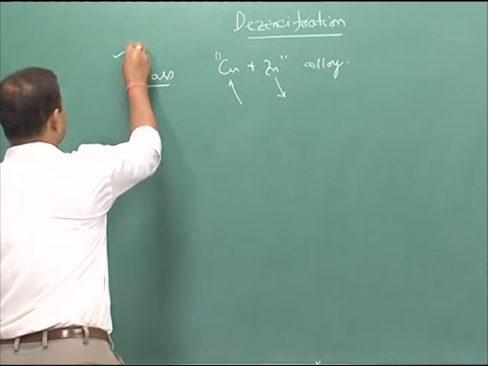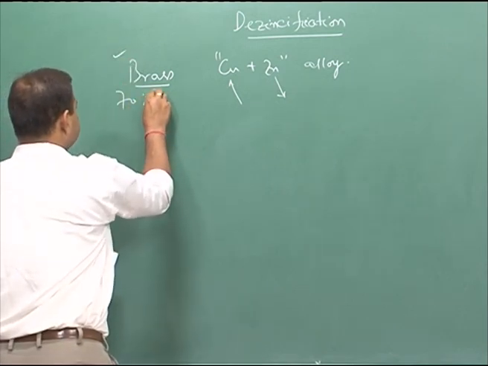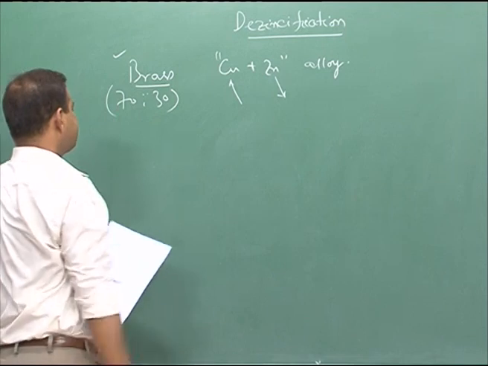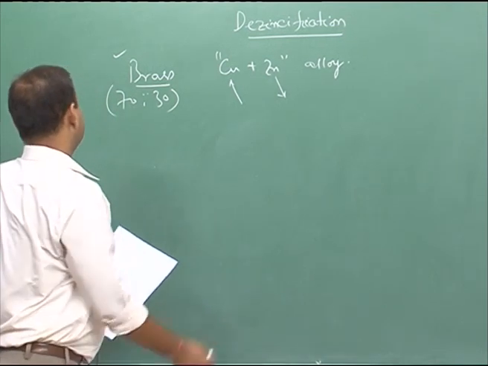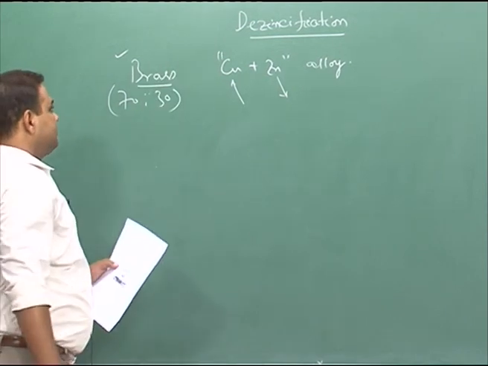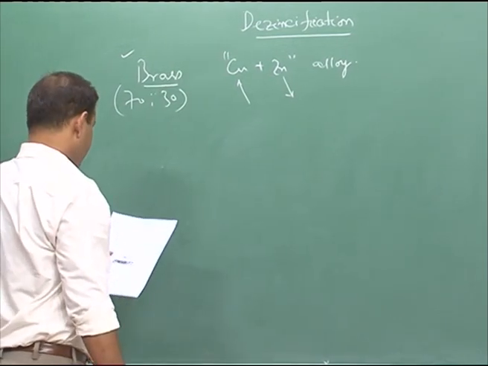Generally, the yellow colored brass is 70-30 brass, where 70 weight percent is copper and 30 weight percent is zinc, that constitute the alloy brass.